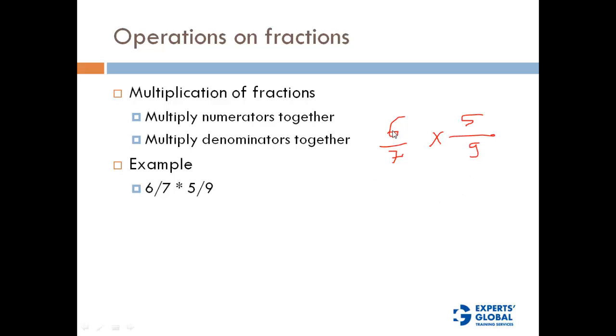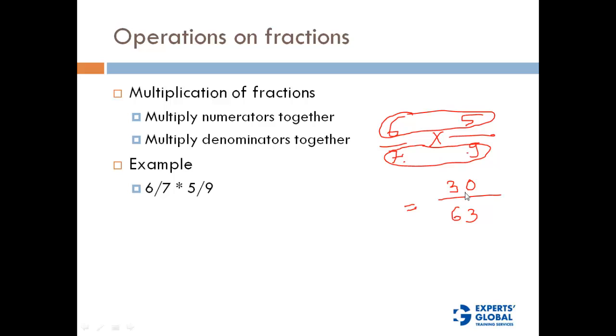The rule says multiply numerators together, and multiply denominators together. So the numerator of the result will be the product of the numerators, which is 6 into 5 is 30. The denominator of the result will be the product of the individual denominators. 7 into 9 is 63.